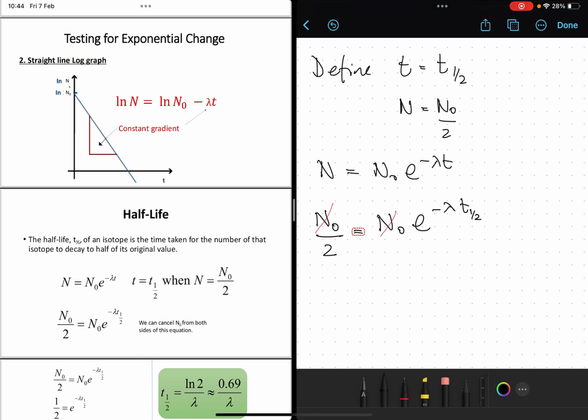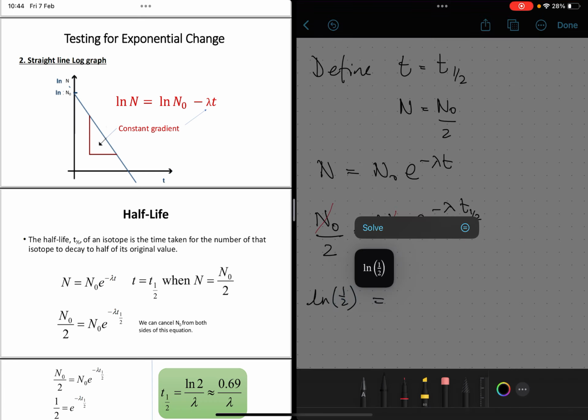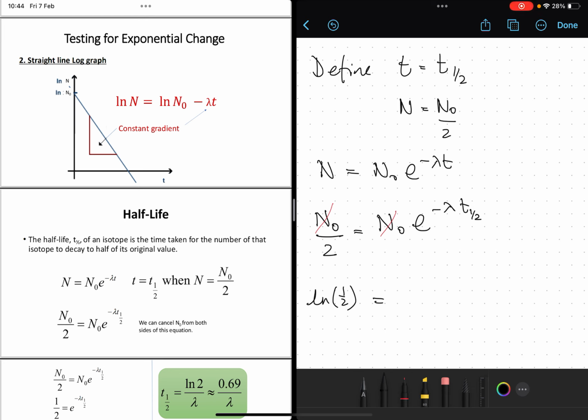And I've got half on the left-hand side, and then I've got that exponential term on the right. So I'm going to take the log of both sides now. The log of a half is equal to the log of that exponential function. So that's going to cancel the exponential function, and I'm going to get minus t half.